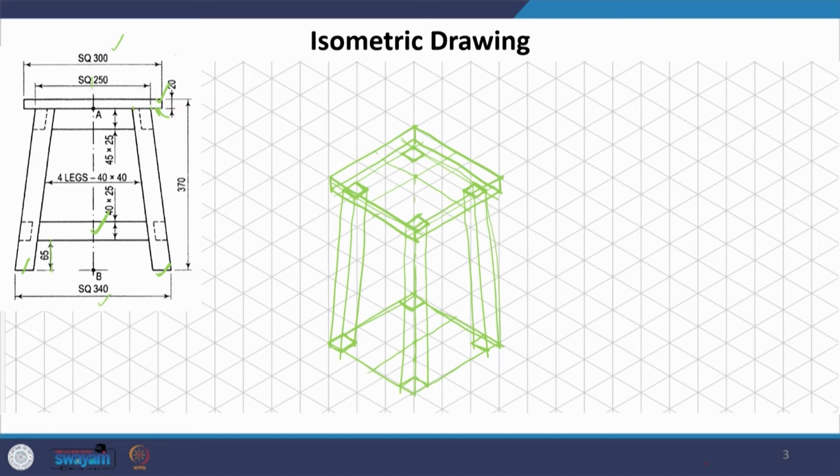So, at a height of 65, where will you measure the height of 65? We will measure it here, or we could also measure it here. Okay, but it does not make any difference. So, I could take it like this. I can draw another square at 65. Now, where this square exactly will cut, this is what you have to realize.